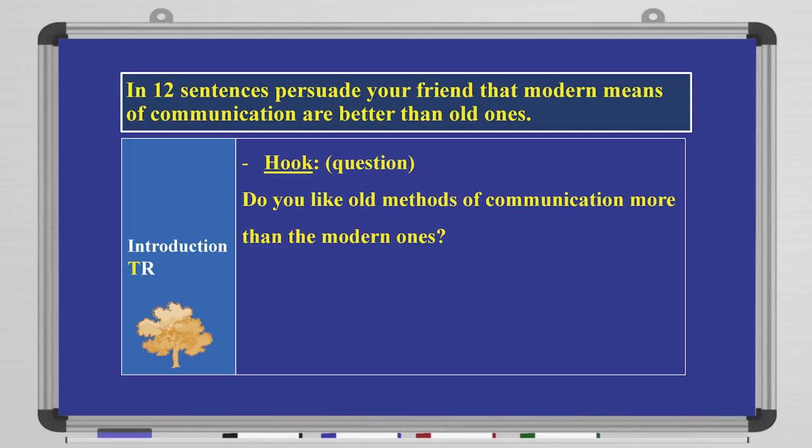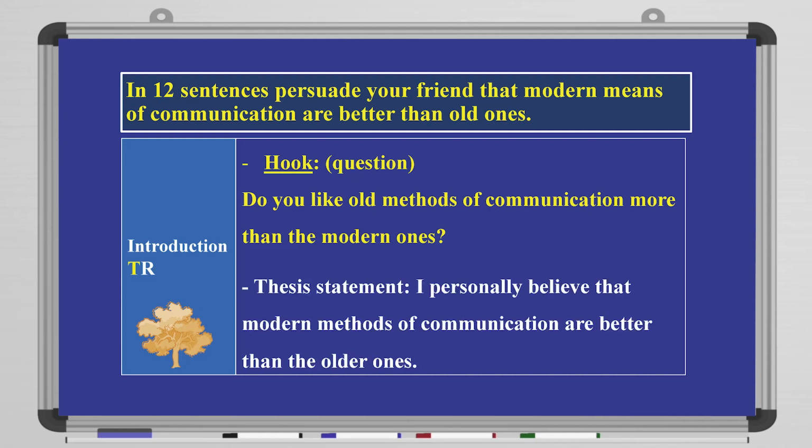So the reader will start to think about the differences between old ones and new ones, and they will want to read more. You will follow it by a thesis statement saying, for example, "I personally believe that modern methods of communication are better than older ones." See here, I used the word personally because this is my opinion and I am stating my opinion.